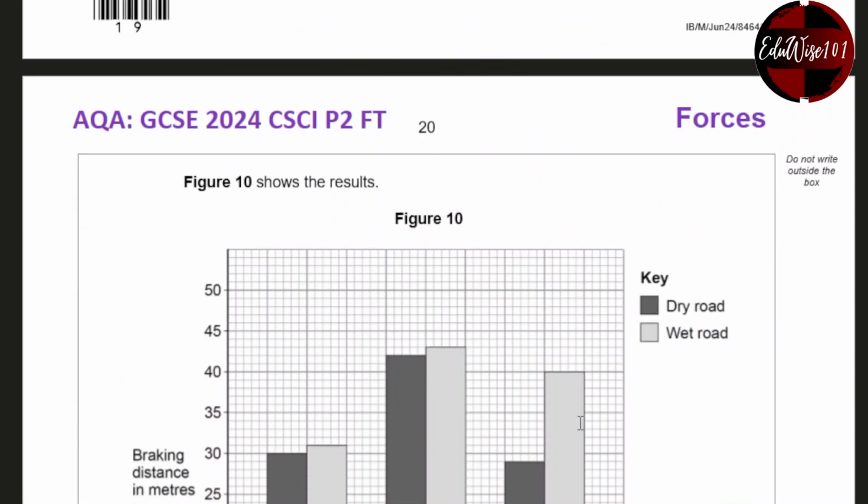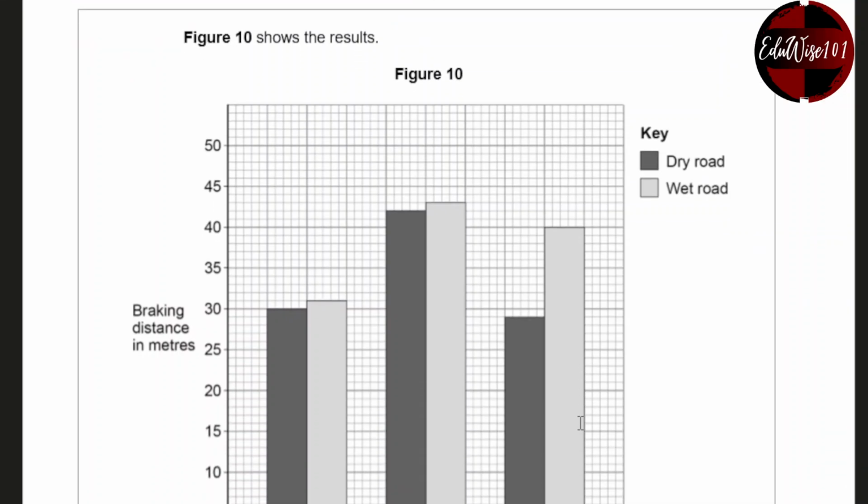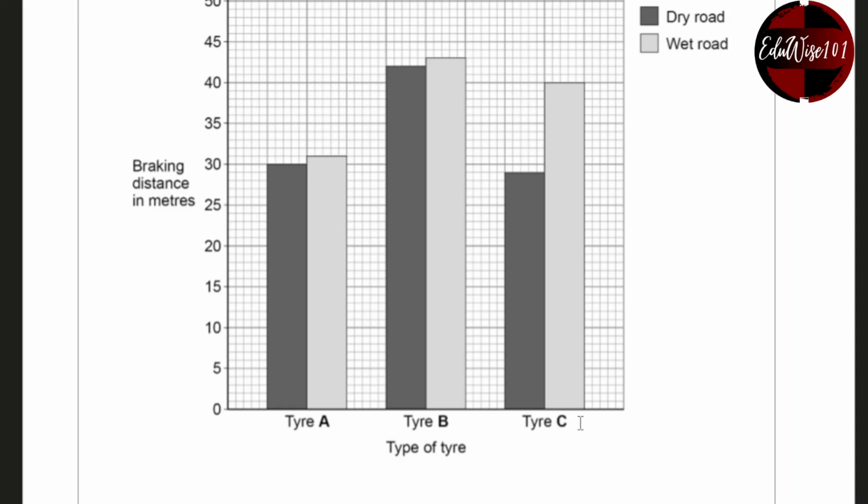Next question is a bar graph. Figure 10 shows the results. So you have tire A, B, and C, and you can see the braking distance on a dry and a wet road. So these are dry roads, and that's a wet road. Dry, wet, dry, and wet.